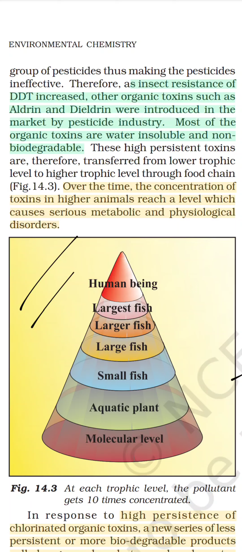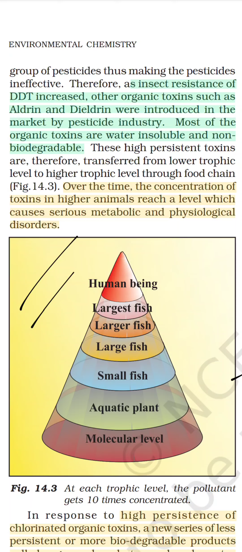Therefore, as insect resistance to DDT increased, other organic toxins such as aldrin and dieldrin were introduced in the market by the pesticide industry.